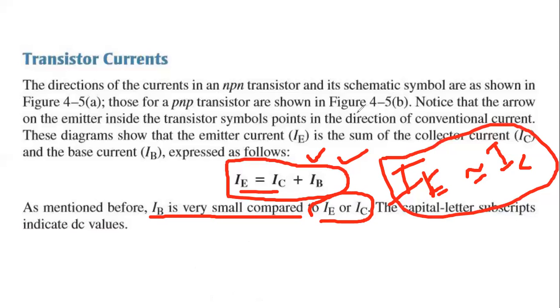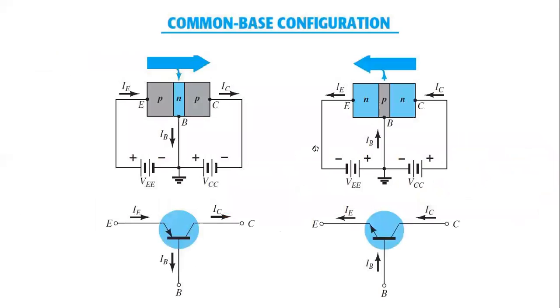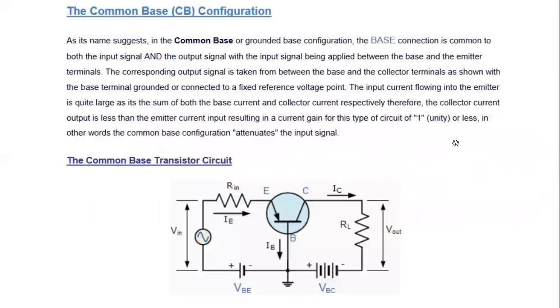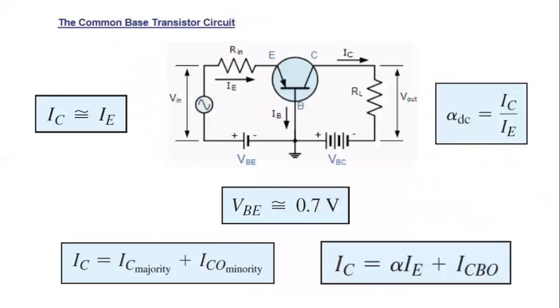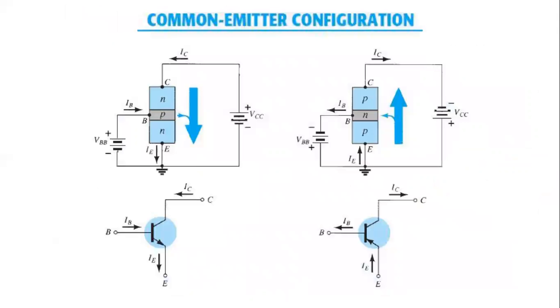Okay, let's move forward. We saw the common base configuration in yesterday's class. Please, if you missed it, see the class. Today we'll start from the common emitter.